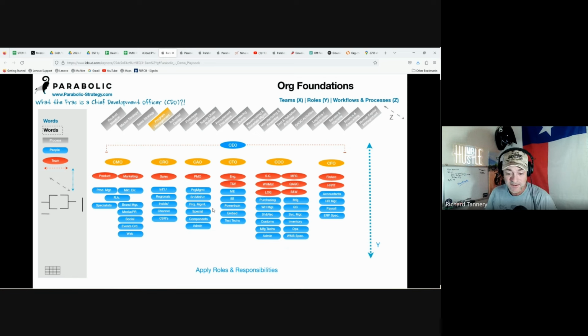You may have someone focused on customs to break stuff out of the customs ports once they come in from overseas. If you're importing goods, you've got shipping or receiving, et cetera, and so forth. So that's the concept after you apply roles and responsibilities. And that's the four-dimensional take on organizational development, XYZ-Axis, to help build your org foundation.